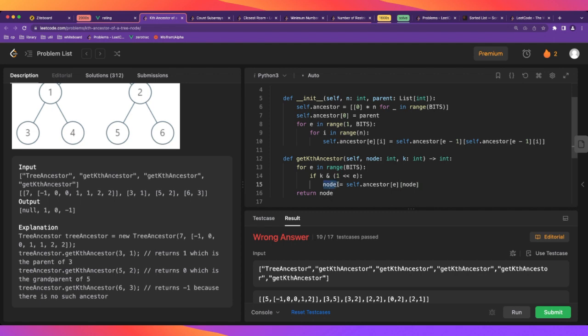So here, if node is -1 at any stage, we can just return -1. But we need to also take care of this case.